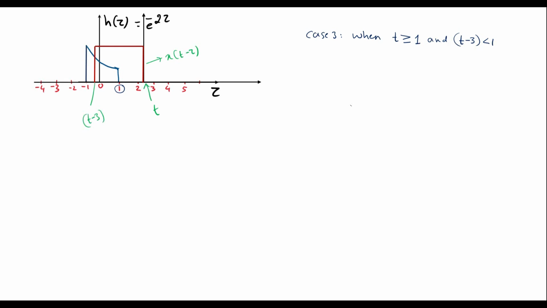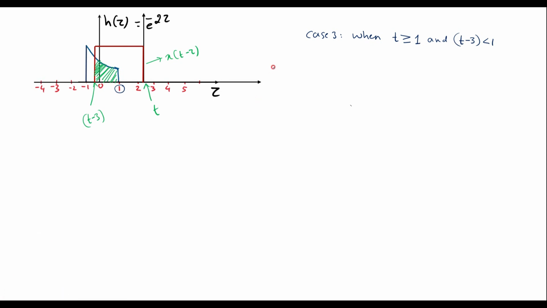Now here we can observe that the area from t minus 3 to 1 is the common area between h of tau signal and x of t minus tau signal. That is, this area is common between these two signals. That is, lower point is t minus 3 and the upper point is 1. That is, those are the integration limits.